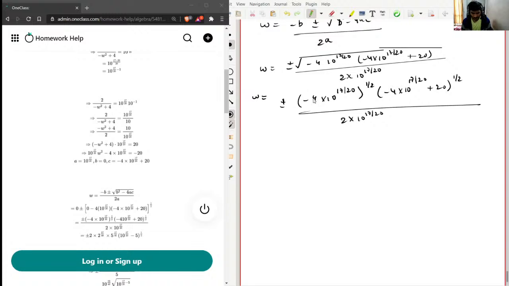so I'll take the square root of negative 4 and this will become positive 2, so I can just cancel both of them, so I'll get w as, and then what I will do, this will be 17 over 2 times, so this power will be multiplied with 17 over 2, so this will become 17 over 40, and then it will become minus 17 over 20, so I can just write this as plus minus 2 into 2 power 17 over, I'll just take the reference also from here.